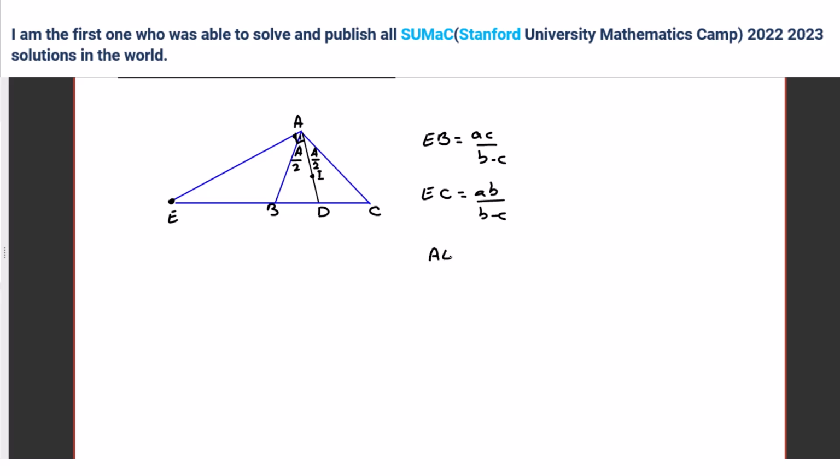AE is what? 2BC over B minus C times sine A over 2. Exactly. This is only for the case that B is greater than C, okay? If B is less than C, usually they write also the absolute value, okay?